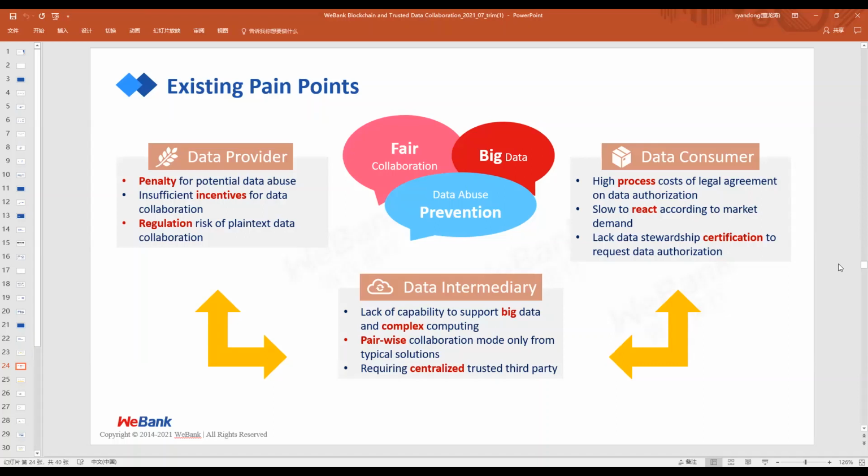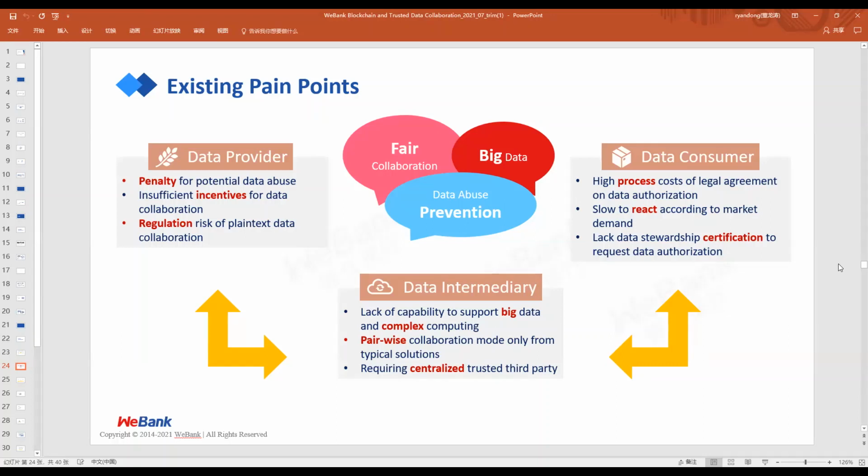Another thing is we want to prevent data abuse. If you're familiar with the regulation, if something bad happens, there will be a huge fine for the company. So it's better to prevent it instead of doing other things after the incident happens. This is a very important thing.